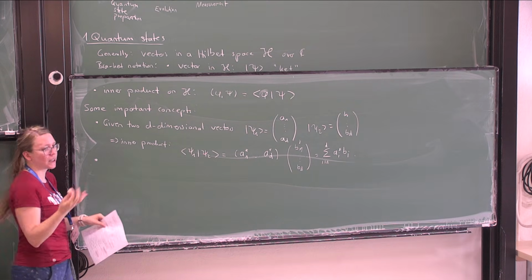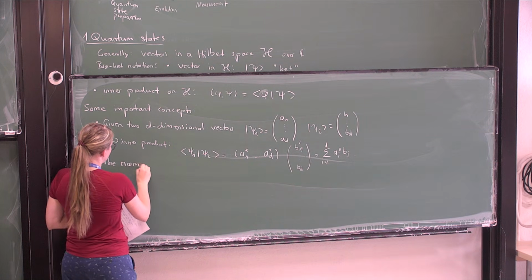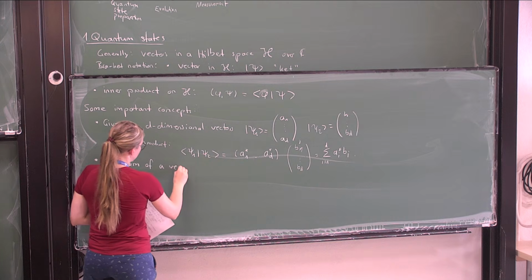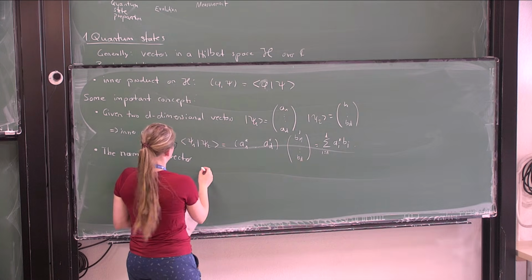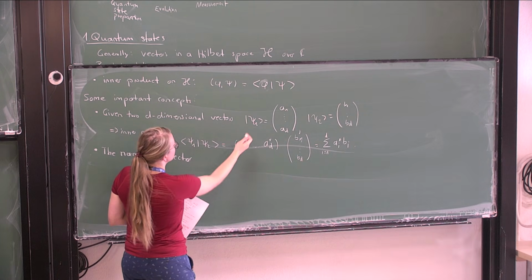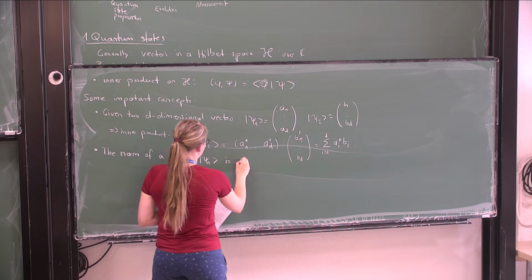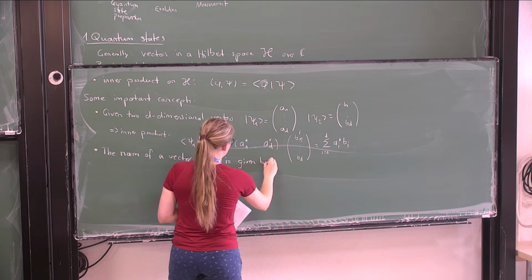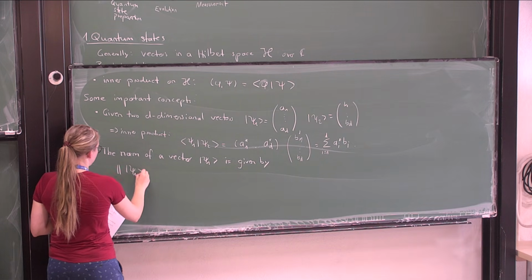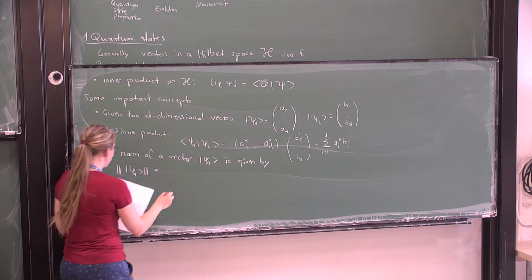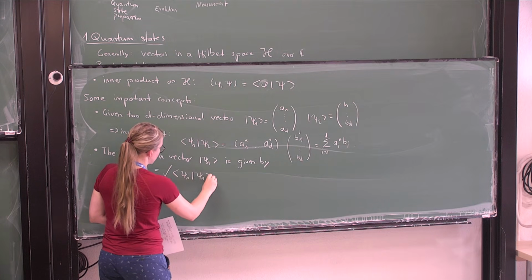From this inner product we can get a norm, given by the square root of the inner product of the vector with itself.